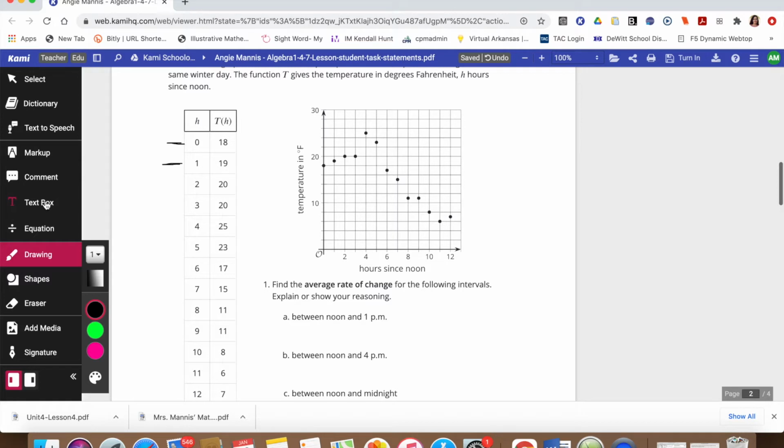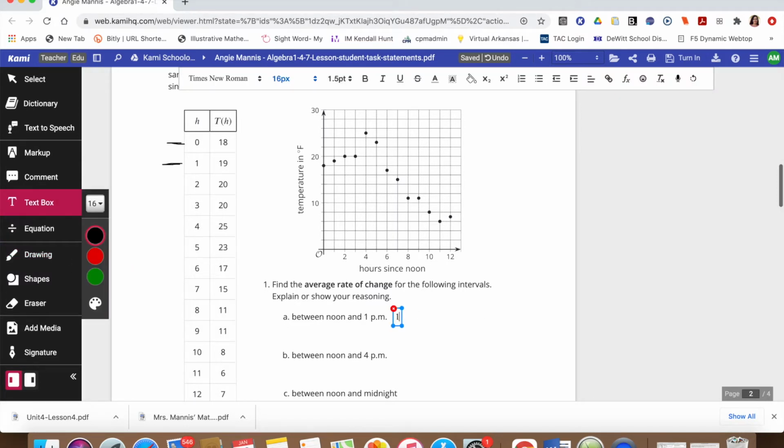So the average rate of change for that, you would simply have 1 divided by 1, 1 degree per hour. And then you could put 1 degree Fahrenheit per hour. Okay, so between noon and 1, it rose by 1 degree Fahrenheit per hour.